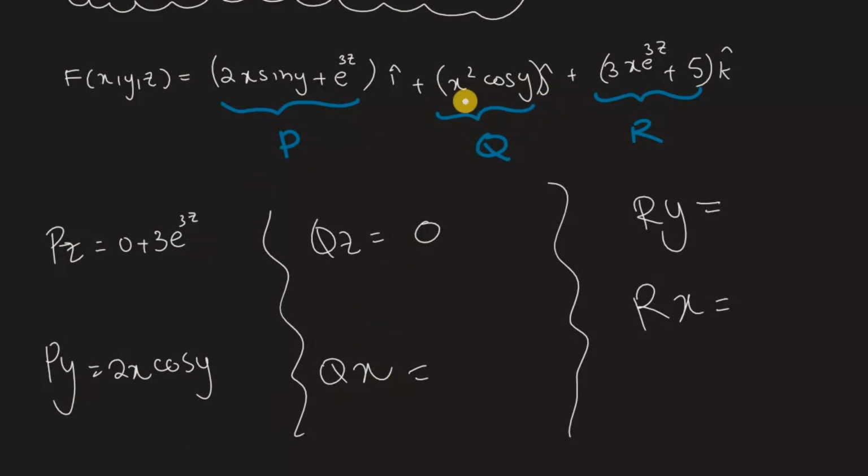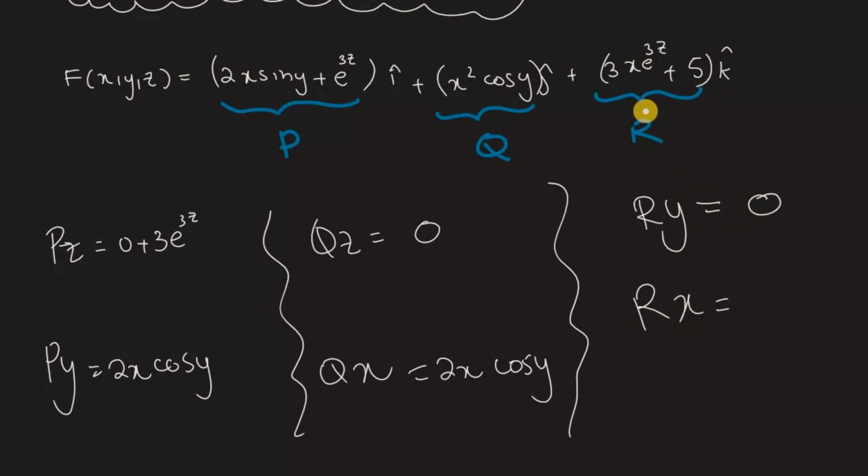We're differentiating this with respect to x. So this 2 goes down, and this is a constant, so it stays as it is, cosine y. And r of y, differentiating with respect to y, but you don't see any y over here, only x and z, which are constants. That means that is 0.